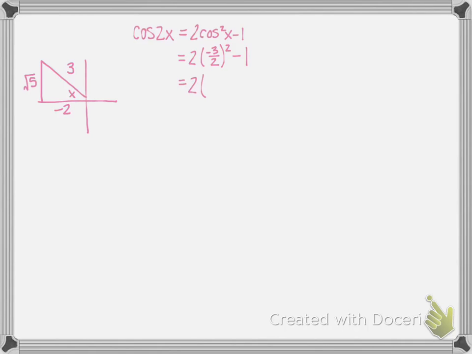Positive. And then multiply the 2 into that. So what do I get? 9 over 4 minus 1. Good. Yep.